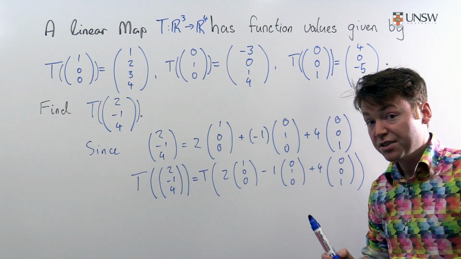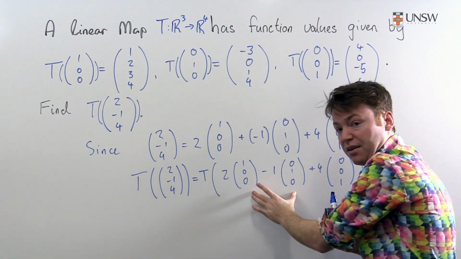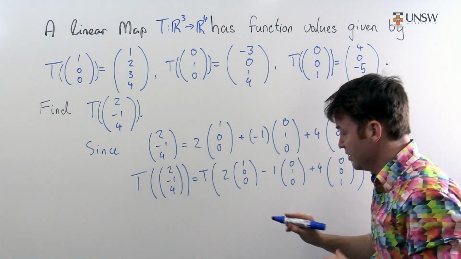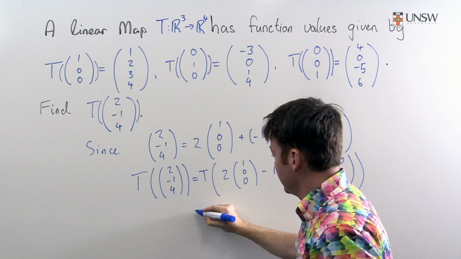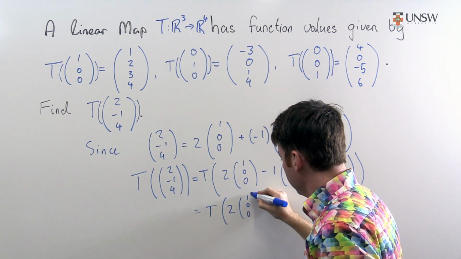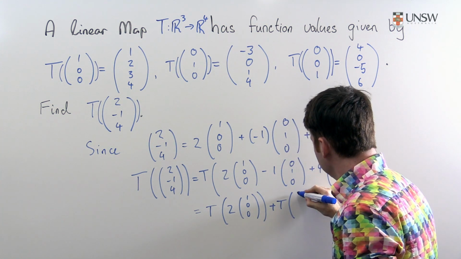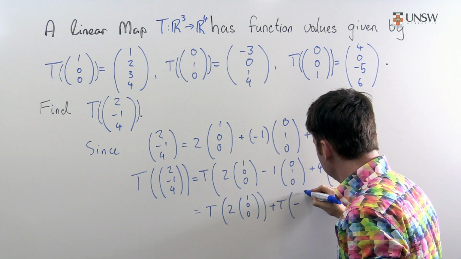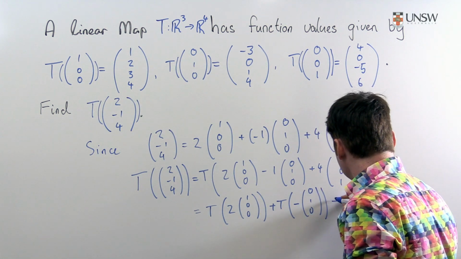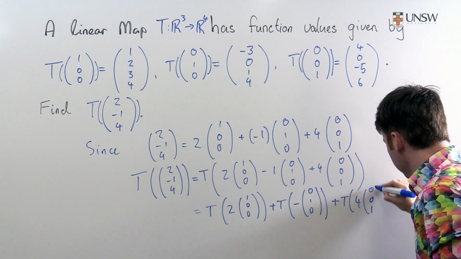I'm going to use the addition condition first to make this T applied to a sum of vectors into a sum of T applied to the individual vectors. That is to say, this is T of 2(1, 0, 0) plus T of -(0, 1, 0) plus T of 4(0, 0, 1).